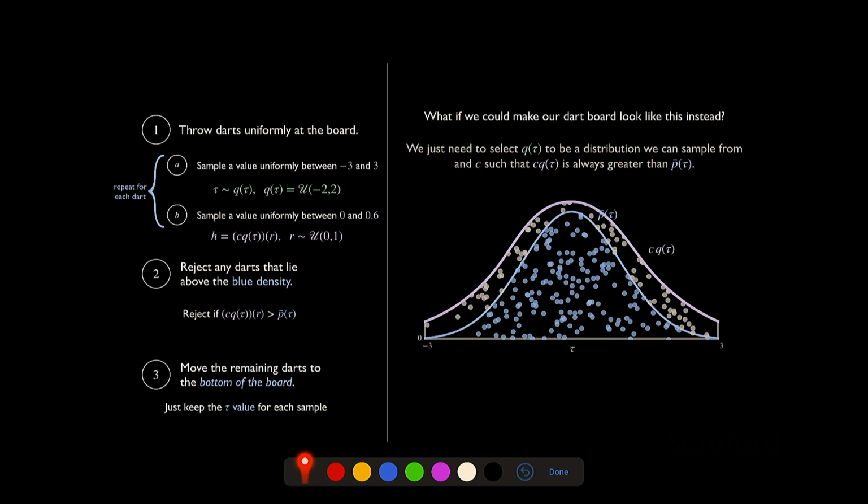We might not always want to use a uniform distribution, like that perfectly rectangular dartboard we were using before. But we need to select Q of tau to be a distribution we can sample from. So we need to be able to sample from this purple distribution. And then we need to select a value C such that that distribution is always higher than our target. Because you can imagine if it's lower than our target, then we're going to miss out on some of that region we need. Yeah.